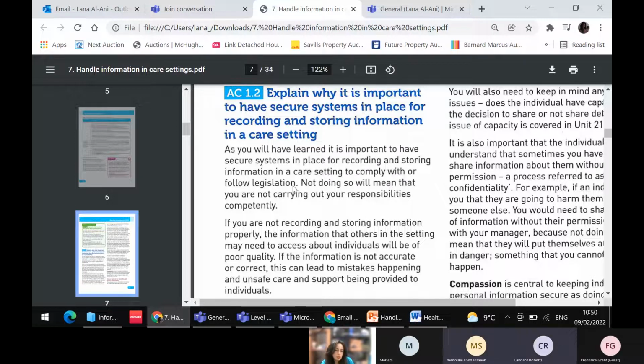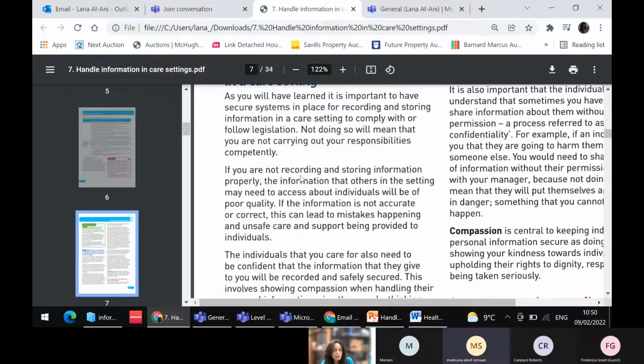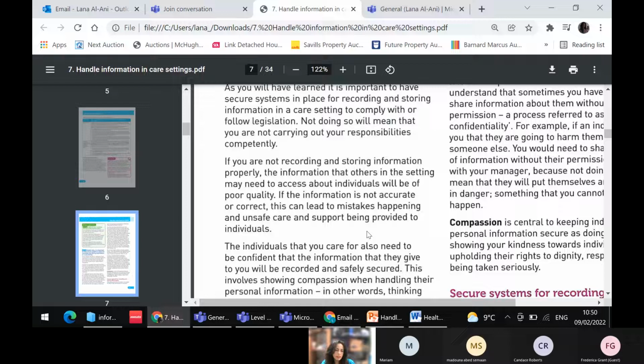If we don't, we don't do our responsibilities properly. And also, this information needs to be correct and accurate. If we don't have accurate information, it has poor quality. If anyone can access it, it's poor quality information. If we have any mistakes, or if it is not up to date, it is poor quality.